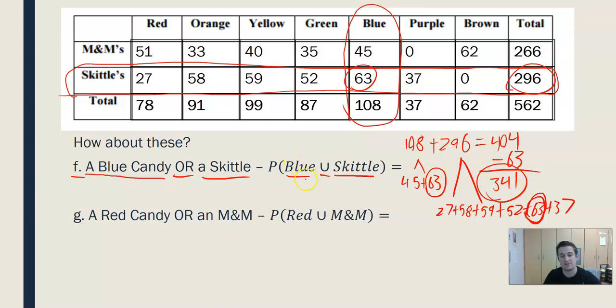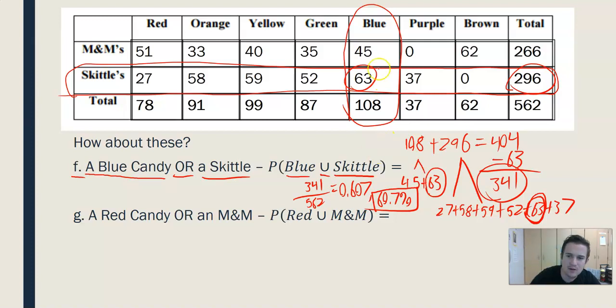So the probability of drawing a blue or a Skittle candy is 341 divided by 562. 341 divided by 562 is 0.607, or 60.7%. About a 60% chance of drawing a blue or a Skittle.